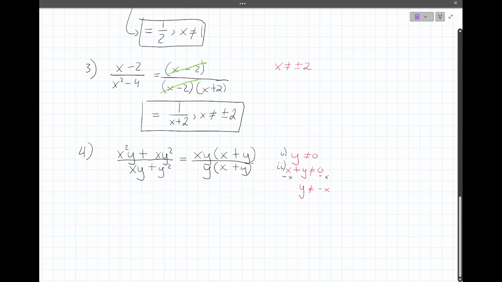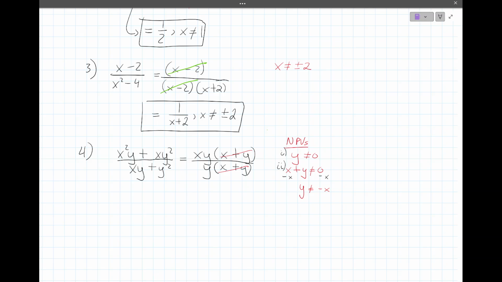Those are my two restrictions, my NPVs, non-permissible values. Looking here, x plus y is the same as x plus y. If x was 1 and y is 3, that'd be 1 plus 3, that's 4. Then I get 4 over 4, and this is all multiplication now. This is x times y times x plus y.